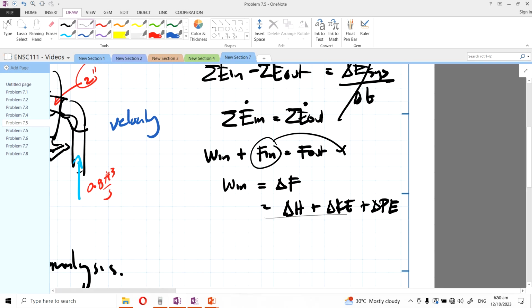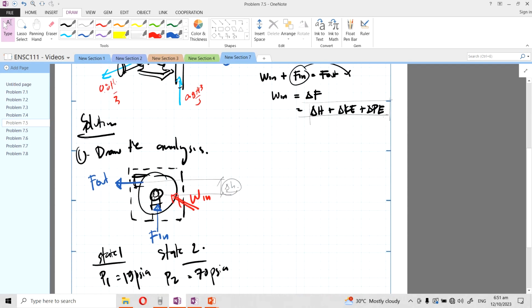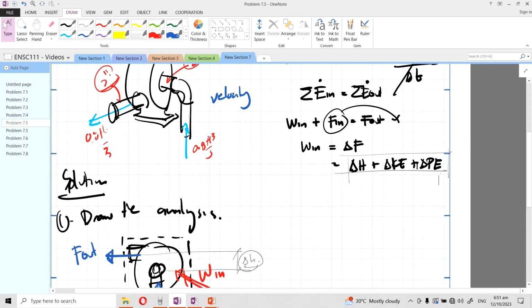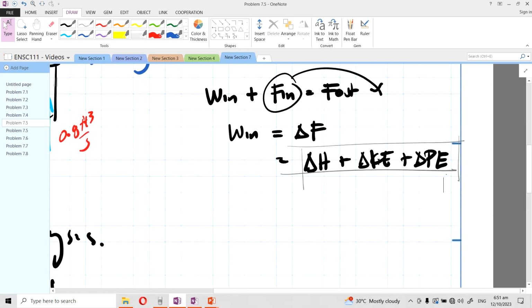Take note again that this bunch of terms is not a property of the system, since my system is the pump, but rather a property of the fluid that crosses the boundary. So it's not the same thing.